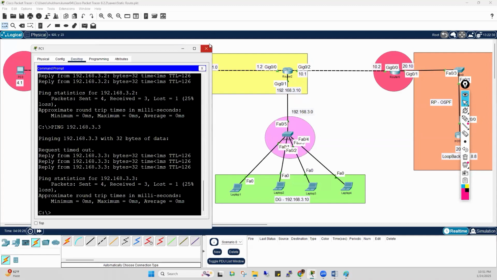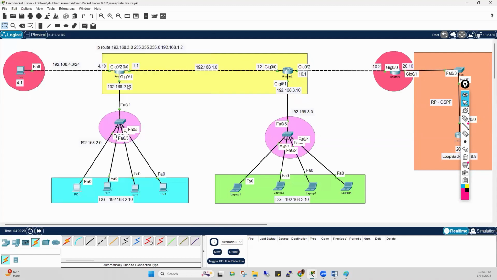It means I allow the complete network. So from PC number one, I am able to ping all the PCs present in the 192.168.3.0 network. Getting my point? That is called allowing the complete network, or you can say network route. Please remember.